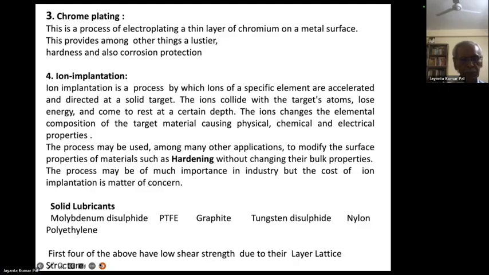These are all solid lubricants, and when coated on the surface, they will give a good protection of the surface because they produce a low shear strength film on the surface. And this low shear strength comes in most cases due to their layer lattice structure, at least molybdenum disulfide, graphite, tungsten disulfide come to this group of material.